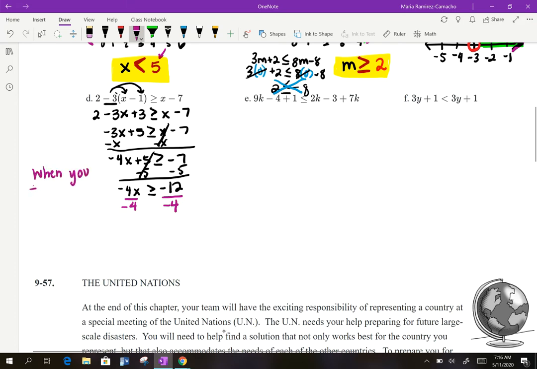When you divide or multiply, it's not an x, by a negative number, flip the symbol.